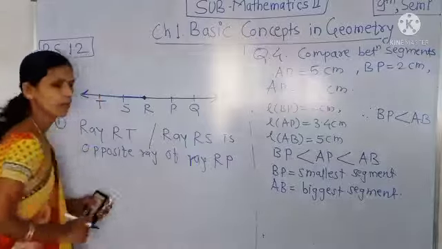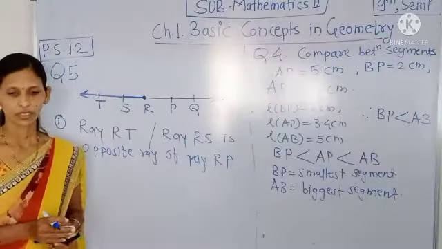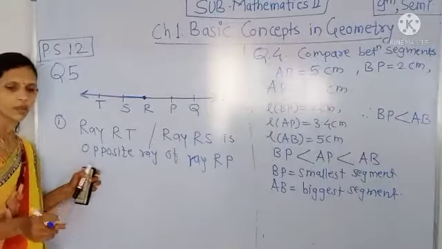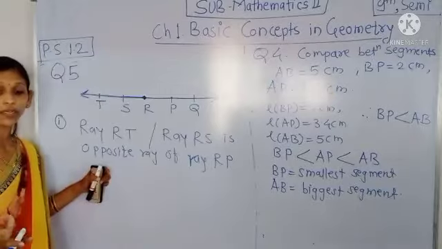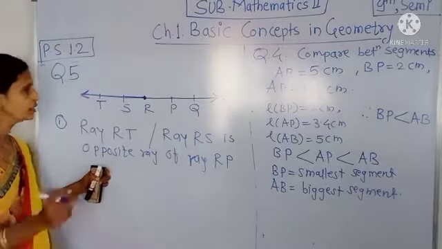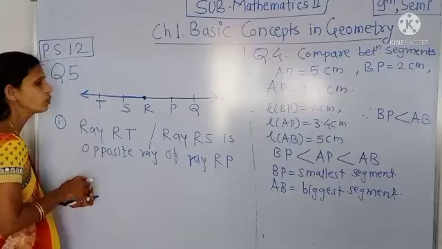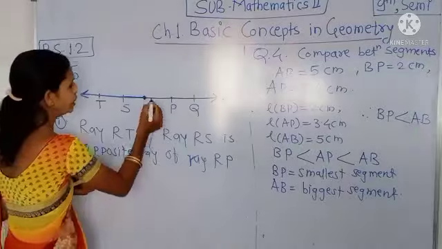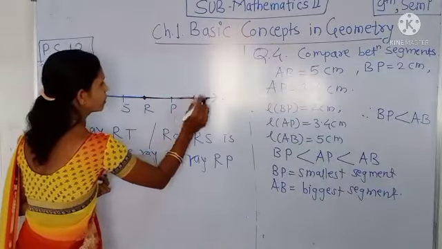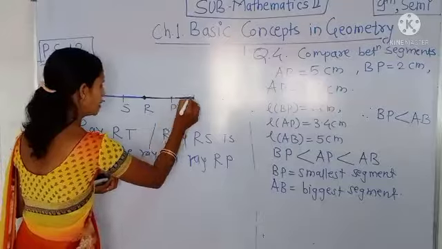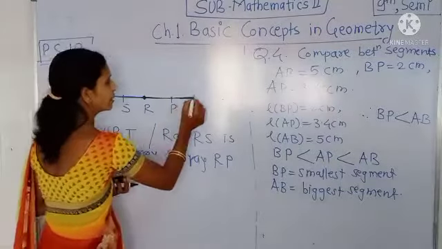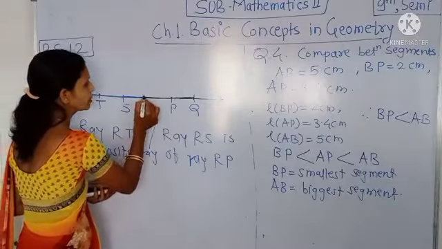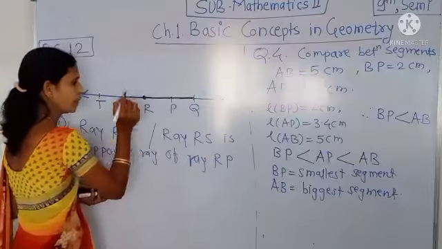Then one more question is given here: state the rays of which segment QR is a subset. See here, we have to again focus on segment QR, which is shown by the dark black colored pen.